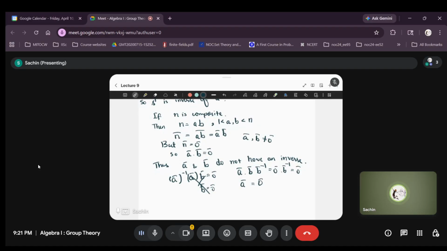Which would mean that a bar was 0 bar. That's also not possible because a and b are both between 1 and n. So we have shown two elements, even one is enough, that do not have an inverse. So Z mod nZ cannot be a field.